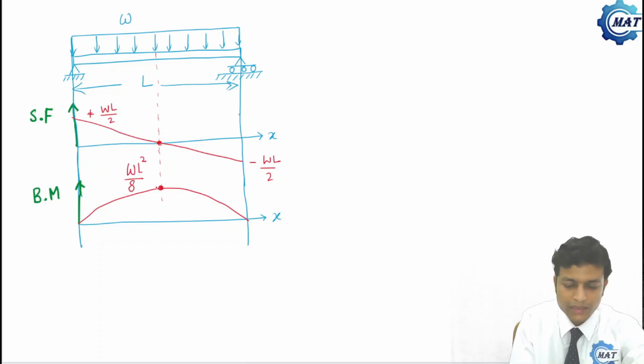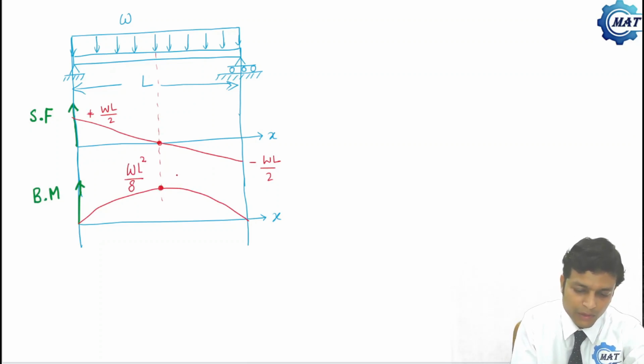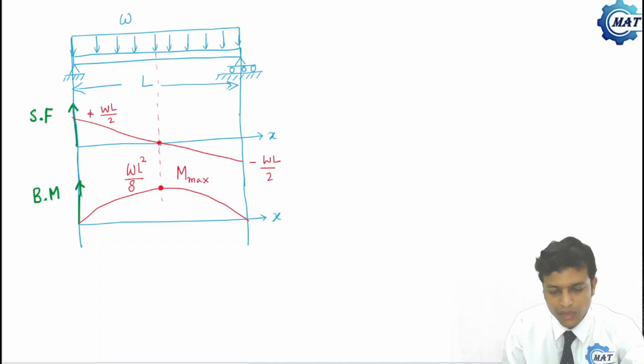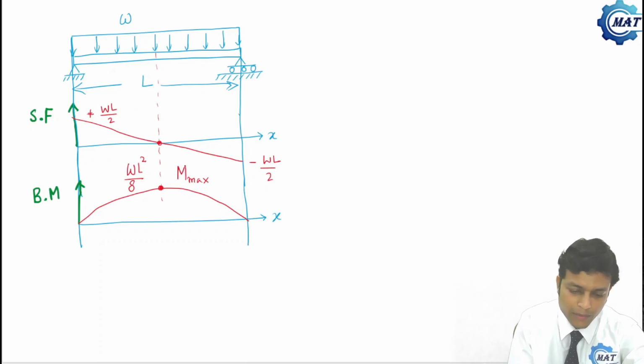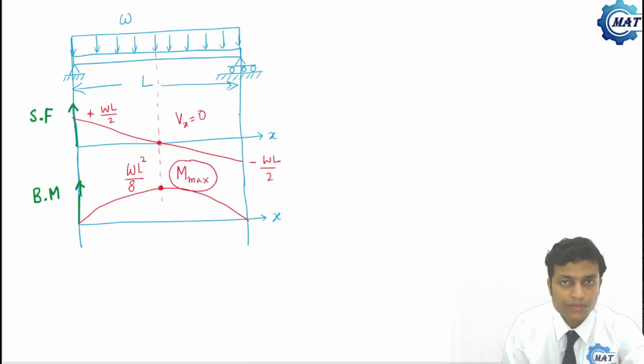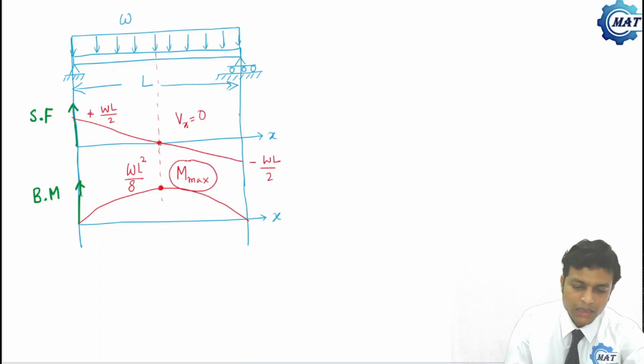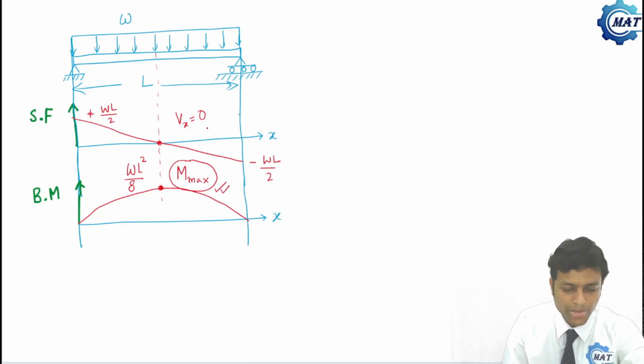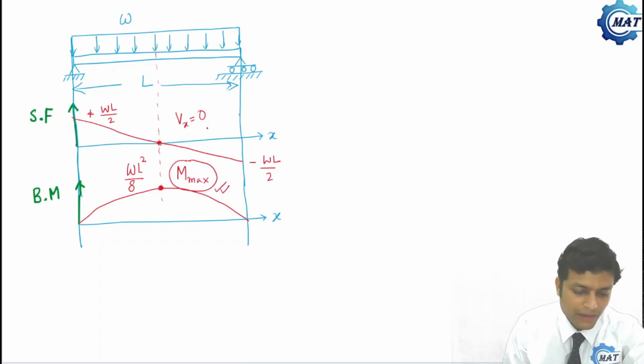And we can see this is the maximum value of bending moment, so this is nothing but M max. And we have observed one thing: where bending moment is maximum, at this point, shear force Vx is 0. So this is the observation from this bending moment diagram. Later we shall develop these equations, but we can note here that where bending moment is maximum, there shear force is 0. So this was the bending moment diagram for that beam.